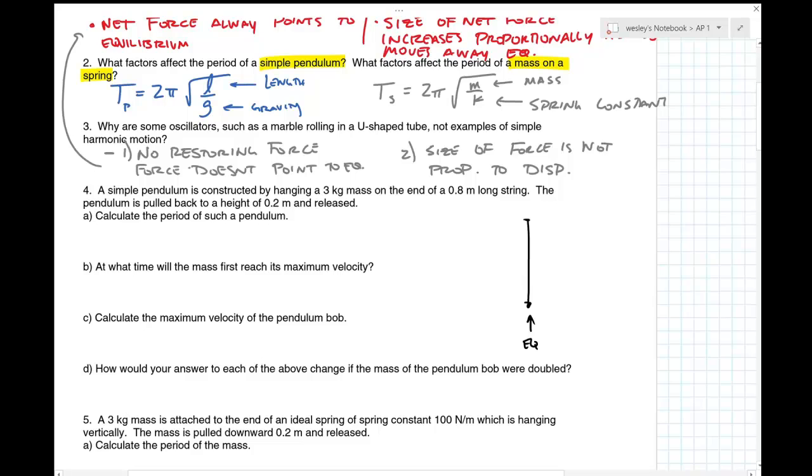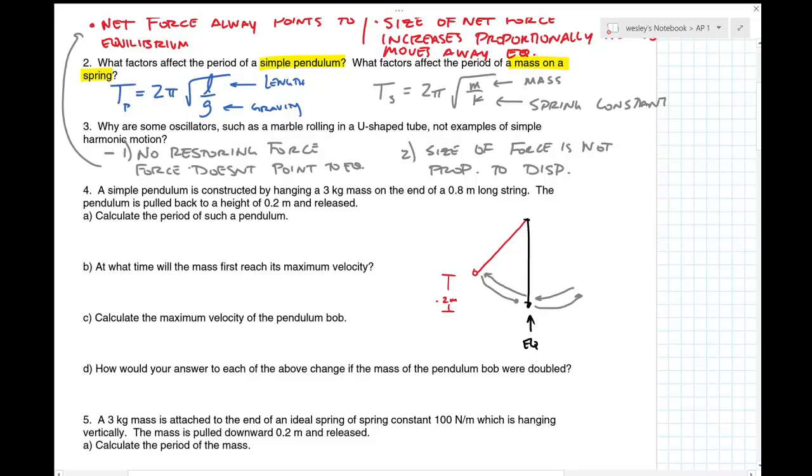And to do this problem, we're going to pull it up to a height of 0.2 meters and release it. Now, for the motion, it's going to swing down. It's going to go past equilibrium up to another amplitude, back to equilibrium, and back to its initial position.